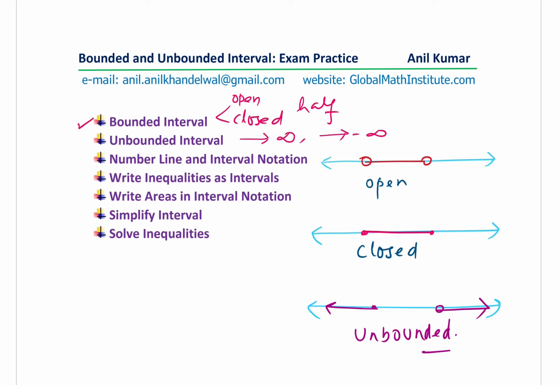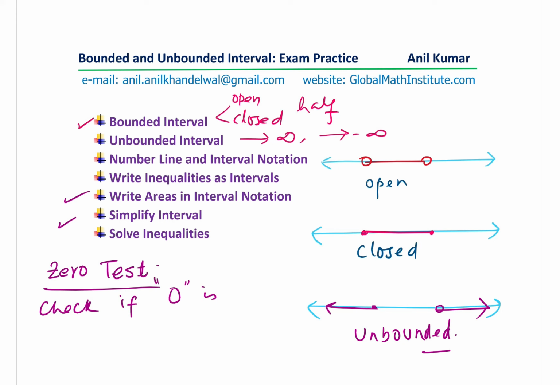Second, as far as solving the inequalities is concerned, we talked about zero test. So it is easy to check if 0 is part of solution or not. Is that clear to you?